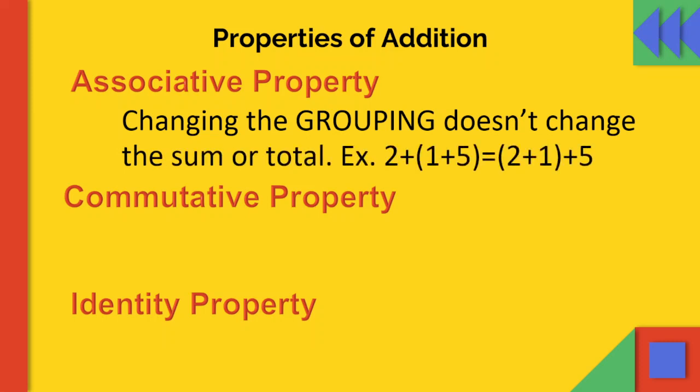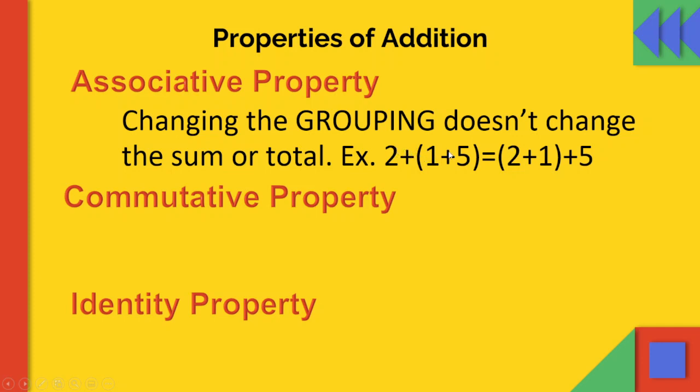Example: 2 plus (1 plus 5) is equal to (2 plus 1) plus 5. Ang magka-partner po dito ay 1 plus 5 sa left side, and then sa right side, naging 2 plus 1. Nagpalit po sila ng partner, so nagkapalit sila ng grouping. Even so, it will not change the sum or the total of the problem.